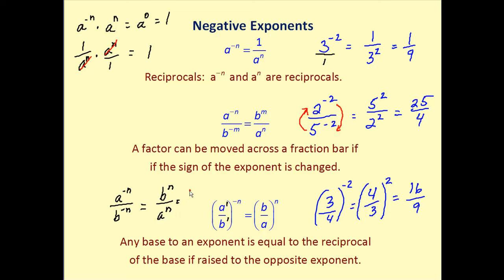And if we wanted to, we could rewrite this as b over a raised to the n power. So all of these rules are closely related. But I would say the main rule you have to be aware of is if you move something across the fraction bar, it will change the sign of the exponent.